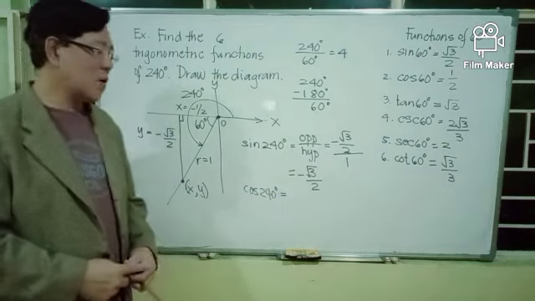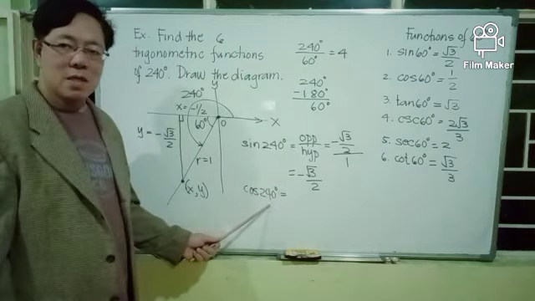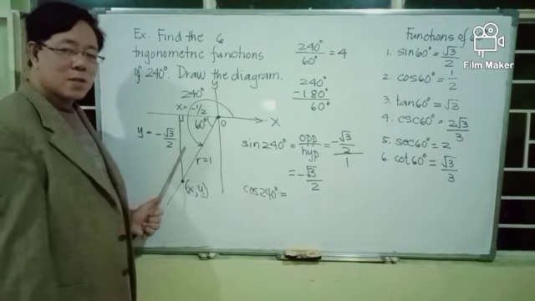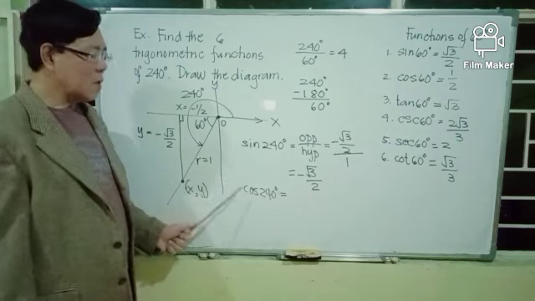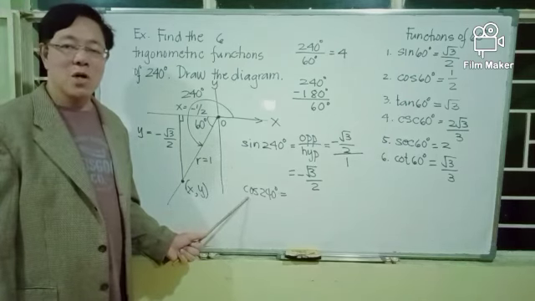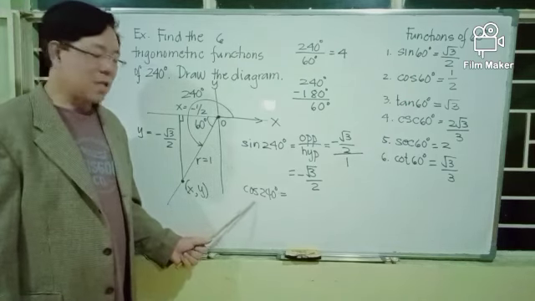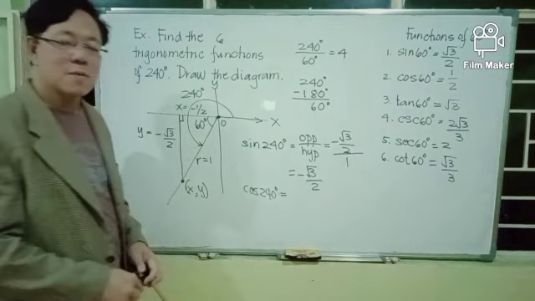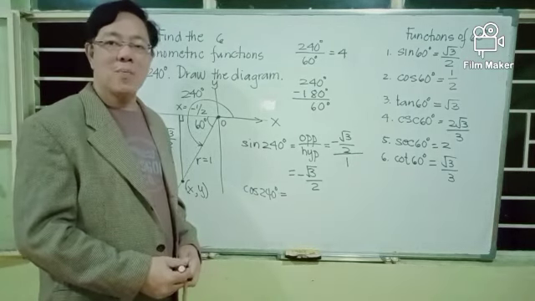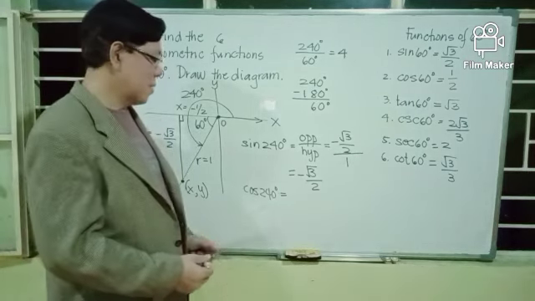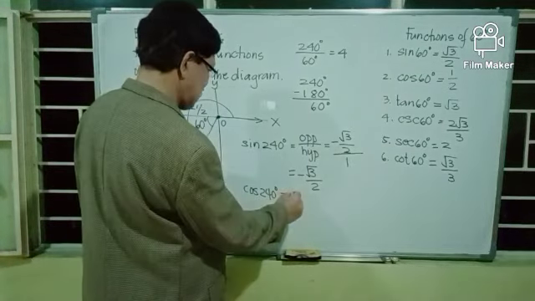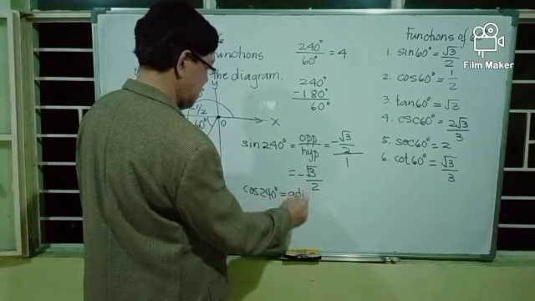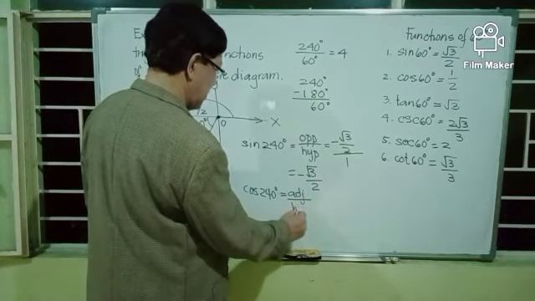Next, we find the cosine of 240 degrees, again using this right triangle with acute angle 60 degrees. Cosine is defined as the ratio of the side adjacent to 60 degrees and the hypotenuse of the right triangle. Our cosine equals adjacent over hypotenuse.